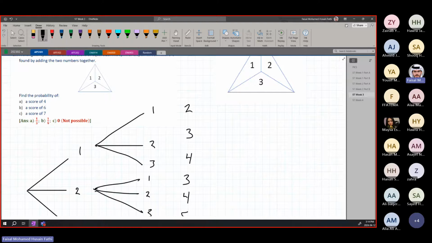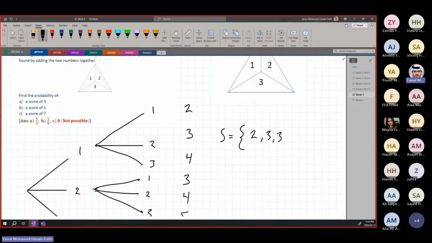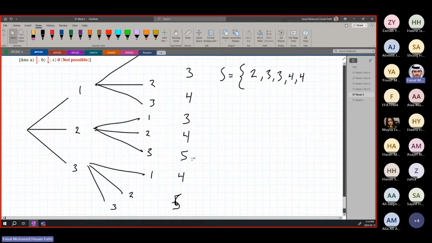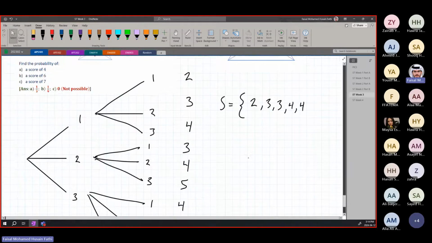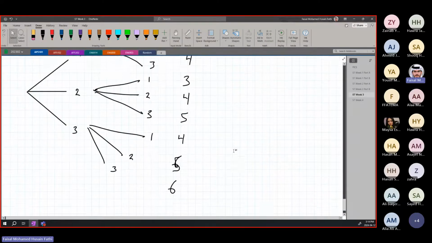So, if I'm going to write them as a sample, we have the number 2 occurring once, the number 3 occurring twice, the number 4 occurring 3 times. Then we have the number 5.